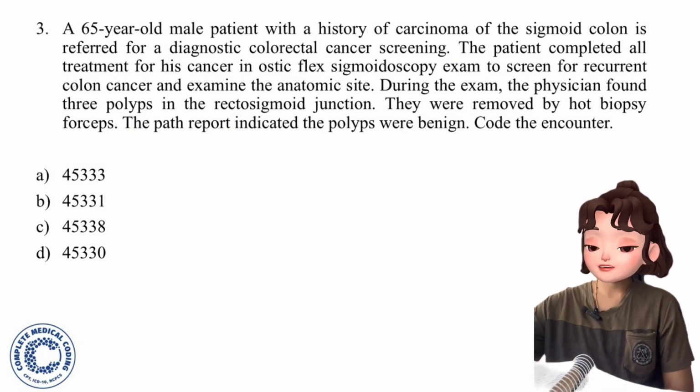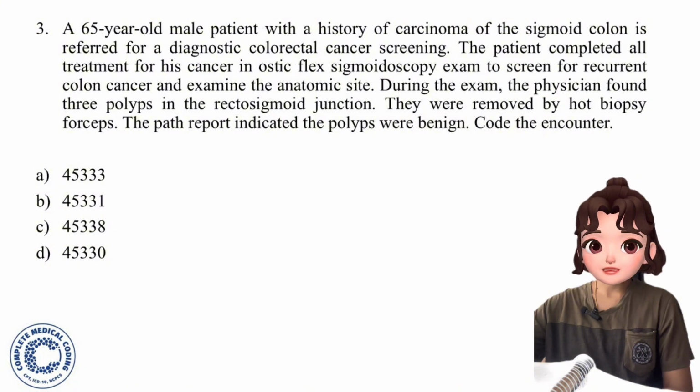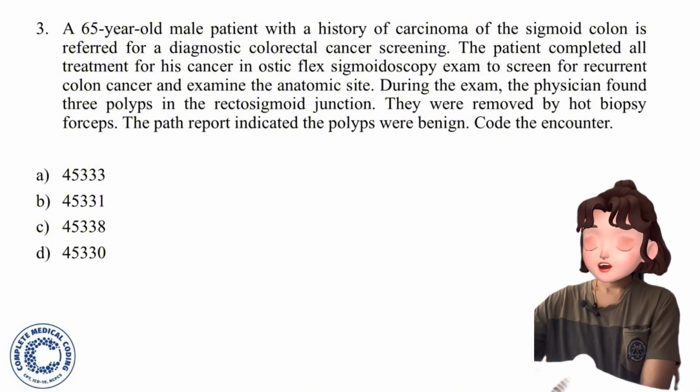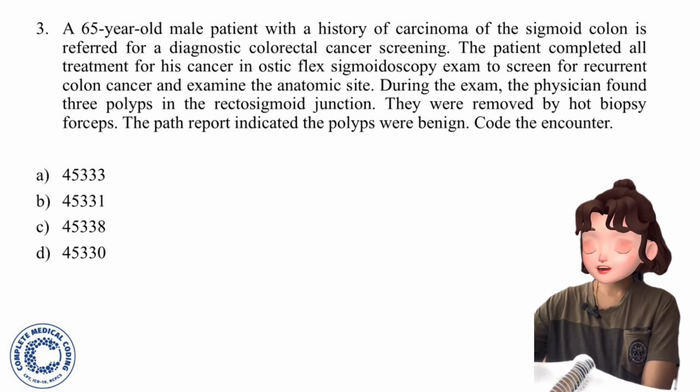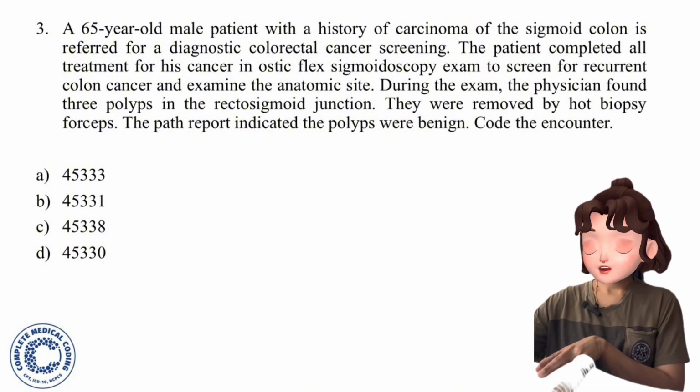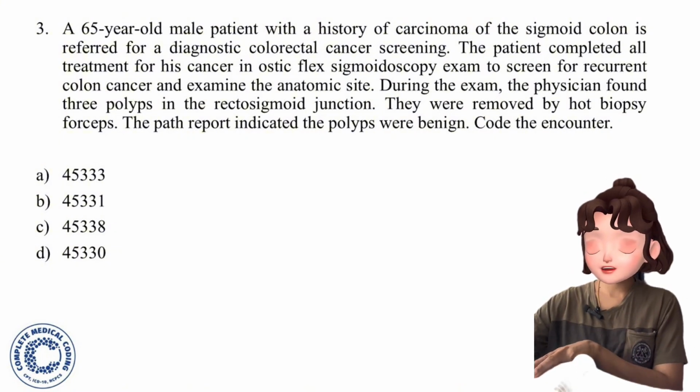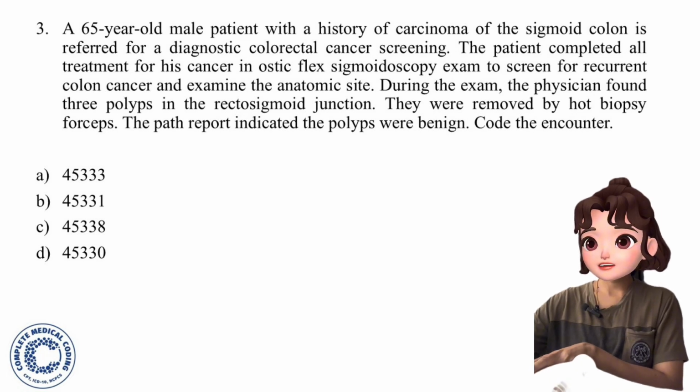The remaining are just part of that CPT code. So 45330 is sigmoidoscopy, flexible, diagnostic, including collection of specimen by brushing or washing when performed. Now, what is 45331? The same sigmoidoscopy with biopsy, single or multiple. Here, the polyps were removed by hot biopsy forceps.